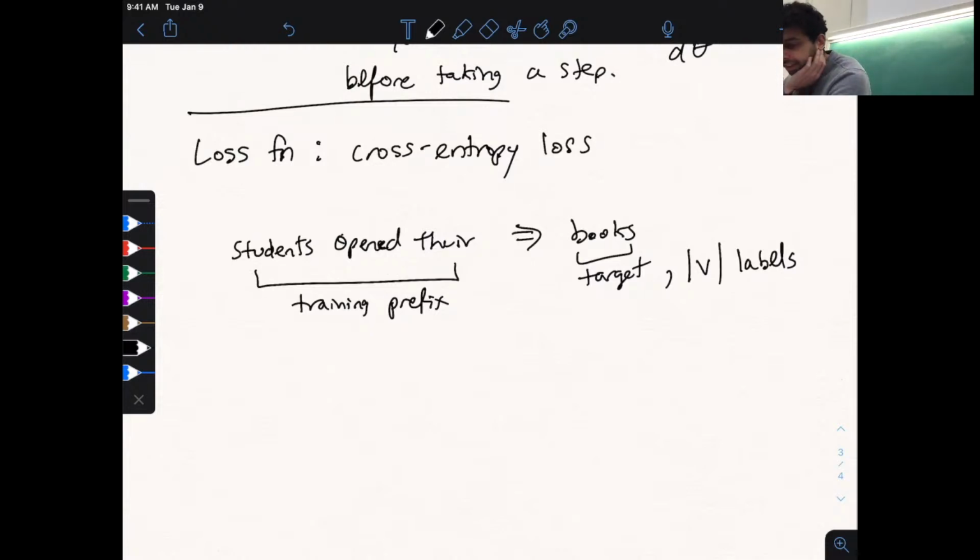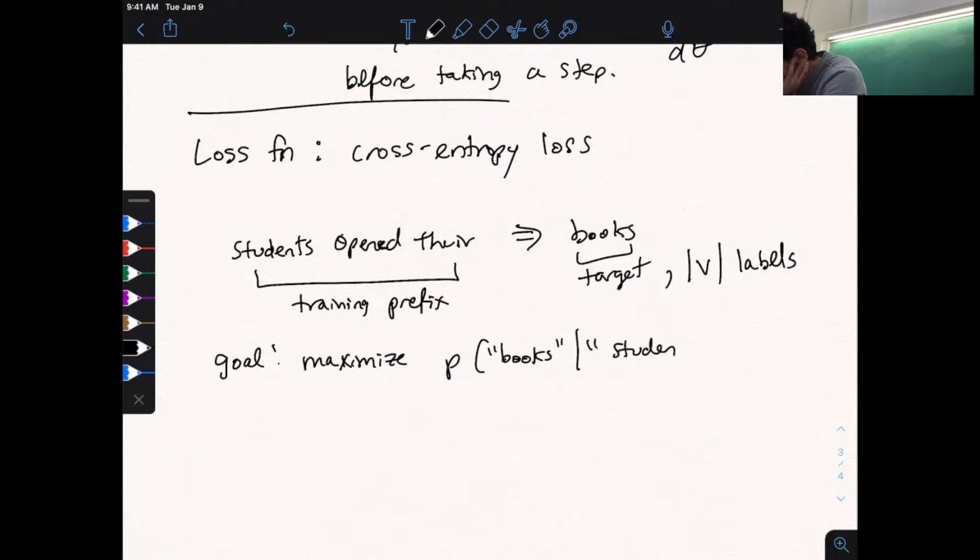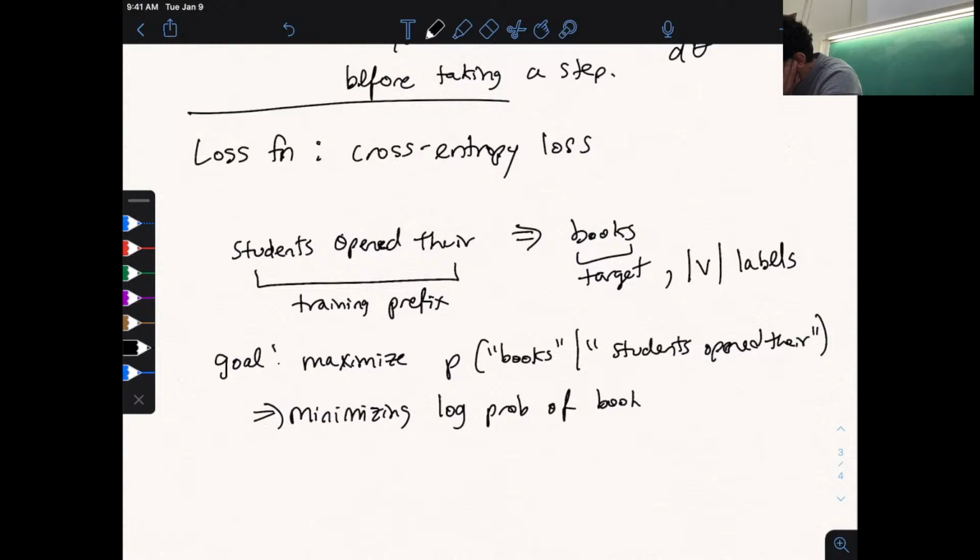So let's take a look at our high-level goal, which is to maximize P of books given students opened there. And this is equivalent to minimizing the negative log probability of books given this prefix.